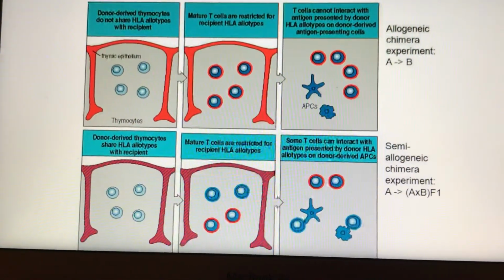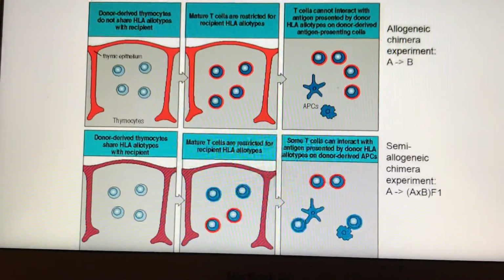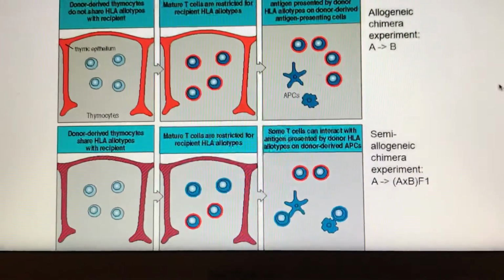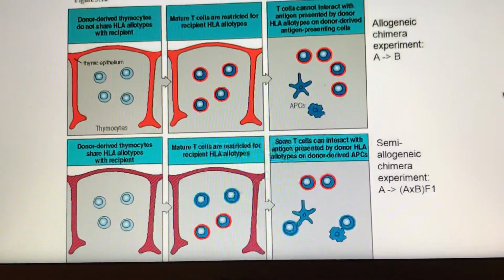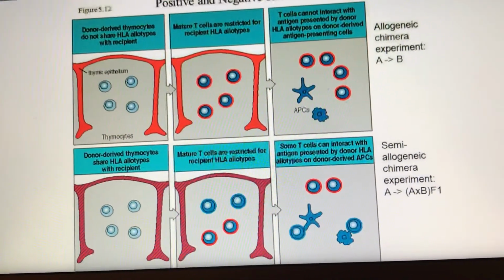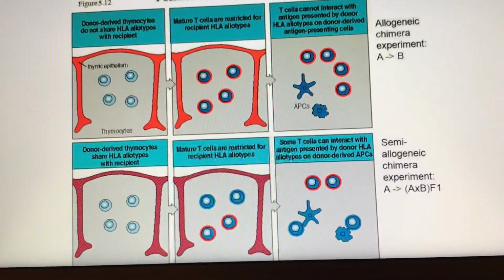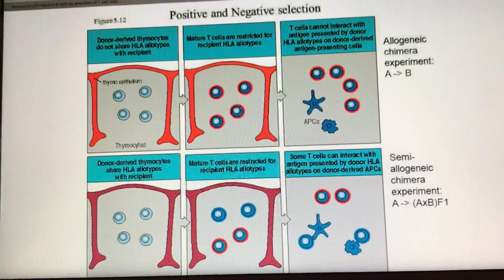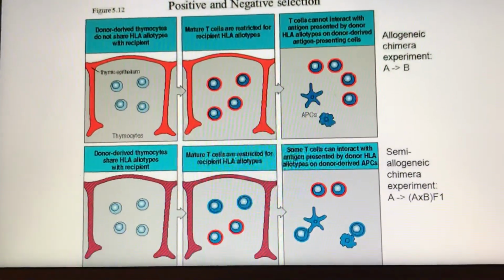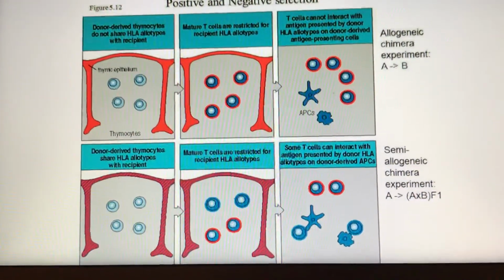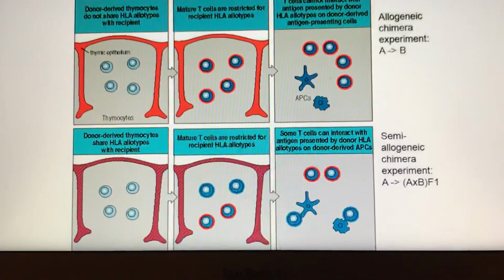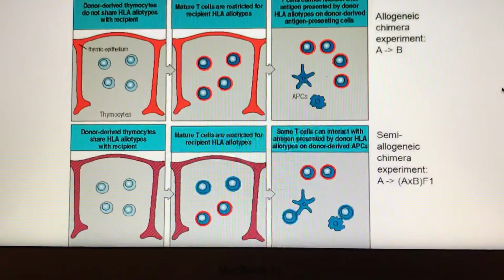So these are CD4-8 positive T cells. But again, if they do not bond, they will go into apoptosis. So you'll see an occurrence of cell death if these things are not bonding with each other.